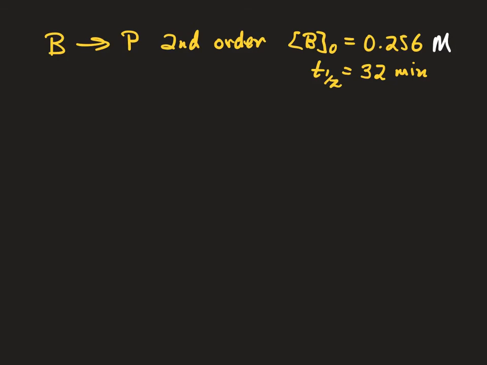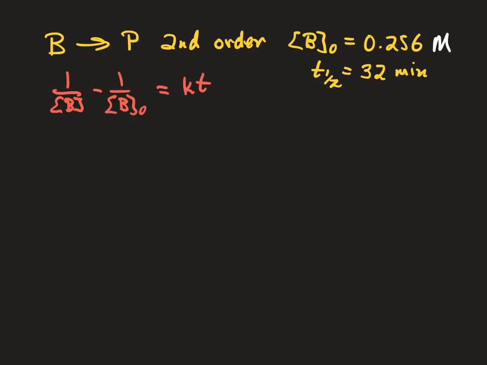If it is a second order process, then our second order integrated rate equation is 1 over the concentration of B final minus 1 over the concentration of B initial is equal to KT. And so the first thing that we have to do then is find our value of K.